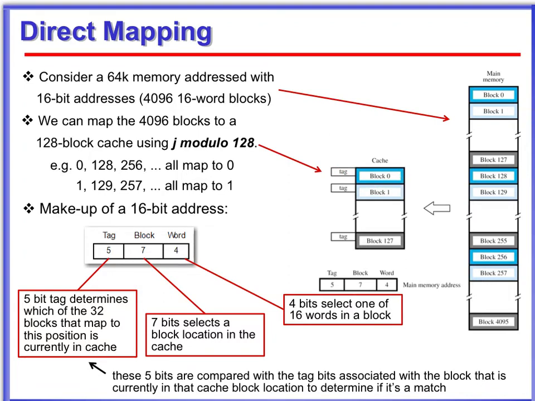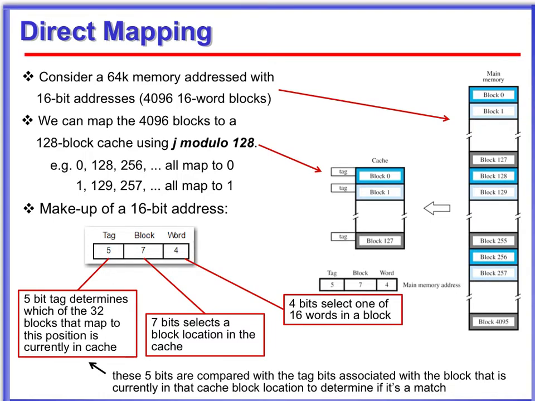So now if we're looking for this particular address, we would look at these 7 bits first to see which of these 128 blocks we should check. And then we look at these 5 bits in the address that we're looking for, and compare it to the tag that's currently associated with that block. If it's a match, we know it's in cache.